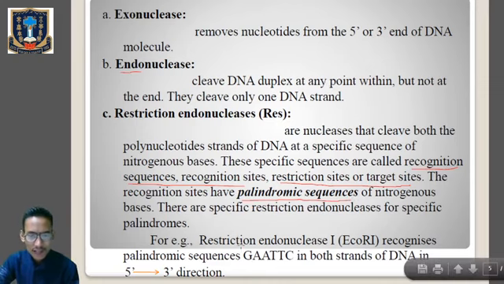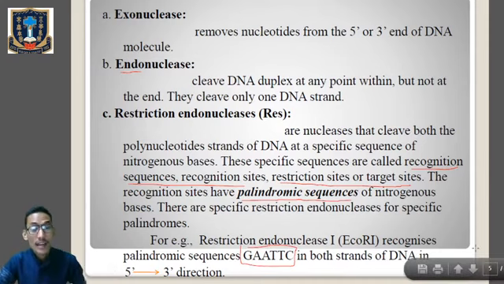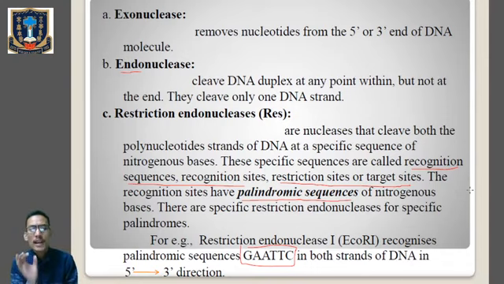G means guanine, A means adenine, T means thymine, and C means cytosine. So this EcoR1 will recognize the palindromic sequence having the nitrogenous bases GAATTC in both the strands of DNA, that is from 5' to 3'.